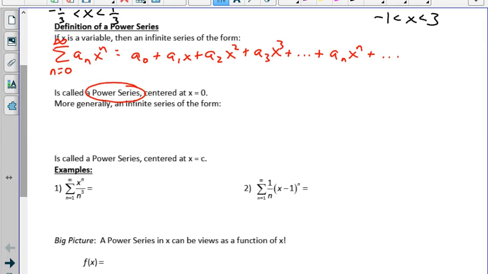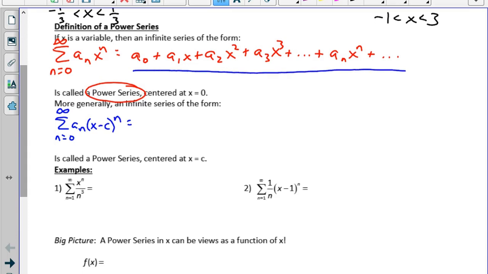Now we could center it at some other value. For example, we'll center it at c in this particular case. So we have the sum from n equals 0 to infinity of a sub n times x minus c to the n. I'm basically going to rewrite this, except anywhere there was an x, I'm going to have an x minus c.